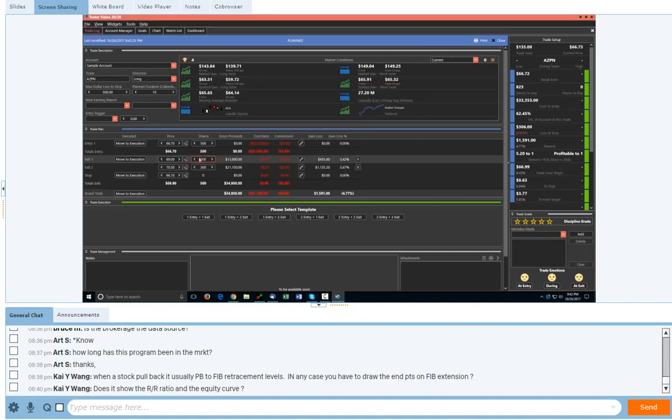So if I've got one exit planned, it will give me the risk reward to the first exit. If I've got two exits planned, it'll tell me the risk reward including both of them. In this case, because I've got all selected, it's telling me that the overall trade, I'm risking 1, I'm getting 5.2 to 1 reward.